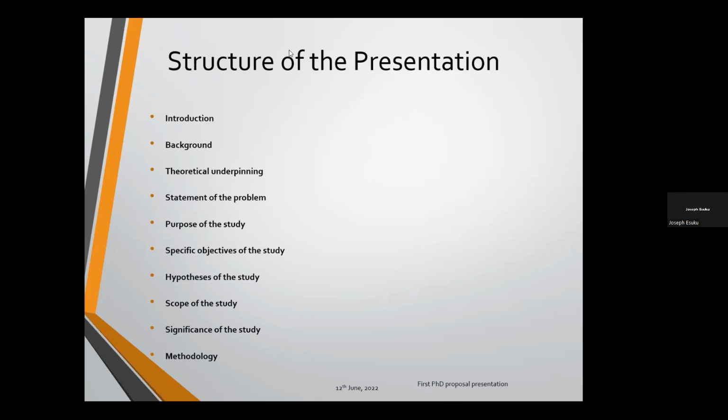Thank you, Faith, for our presentation. My area of concern specifically was on the conceptual framework. When she talked about the hypotheses, there were quite a number originating from her objectives.